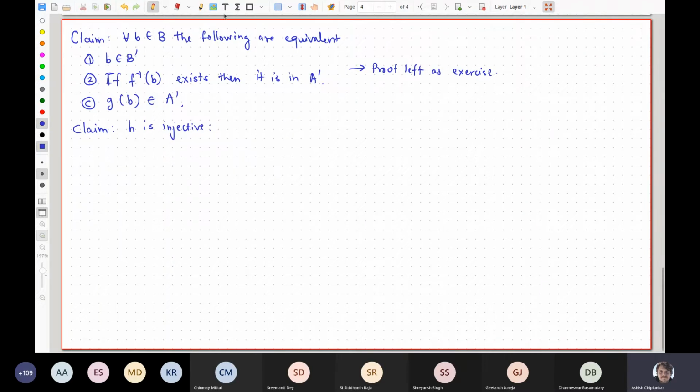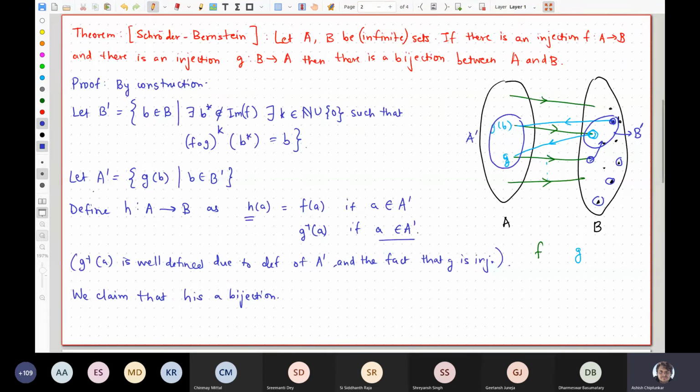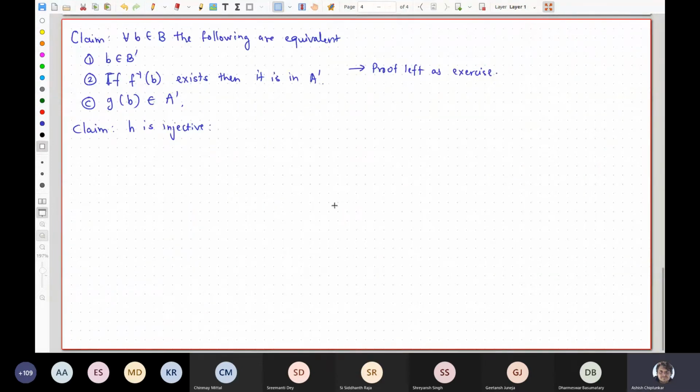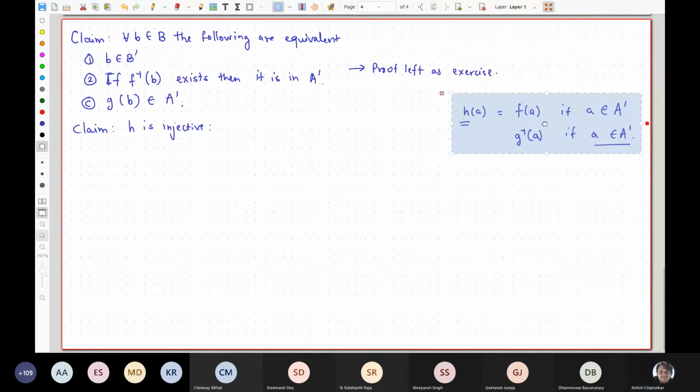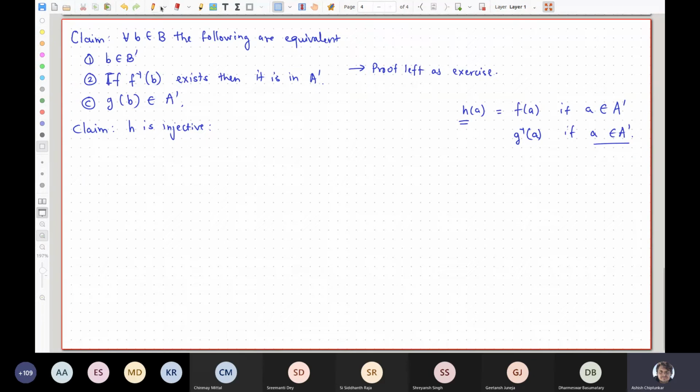Let us recall. Right. So this was the definition of H. So I want to claim that H is injective. Why is H injective?